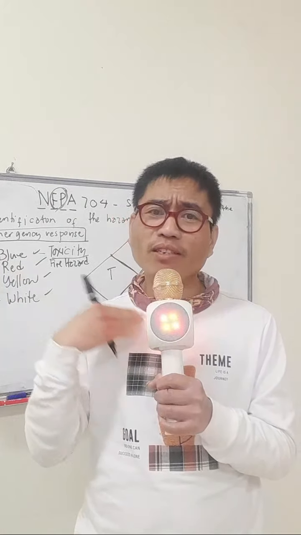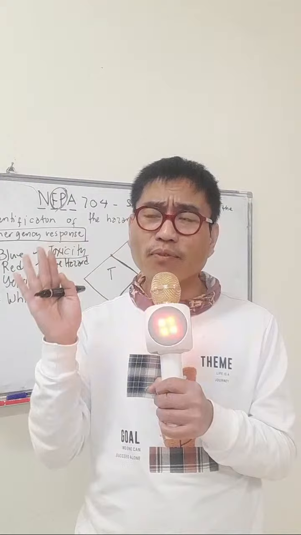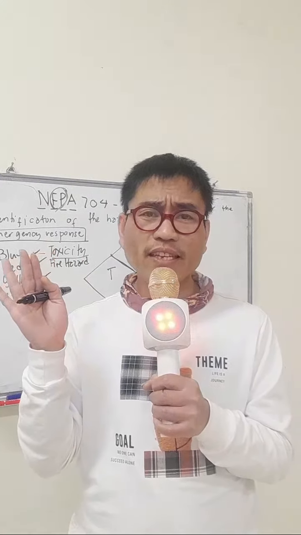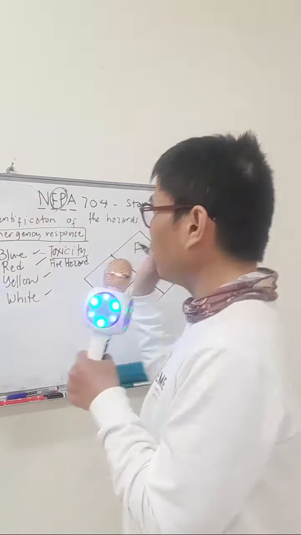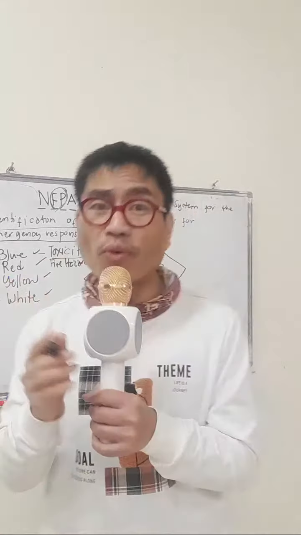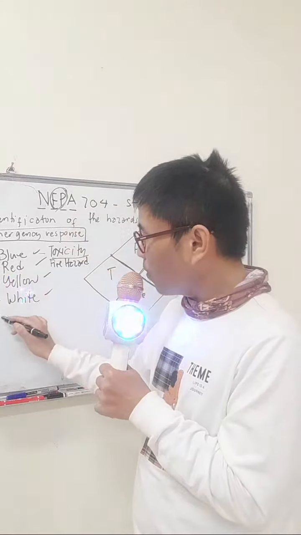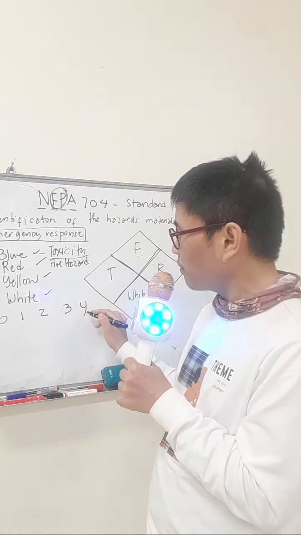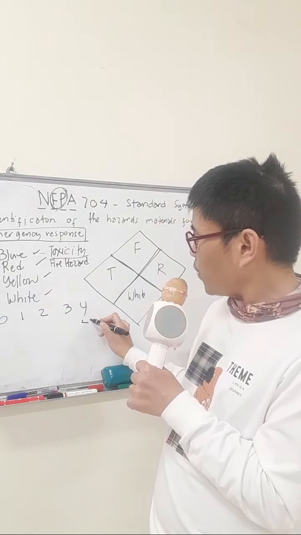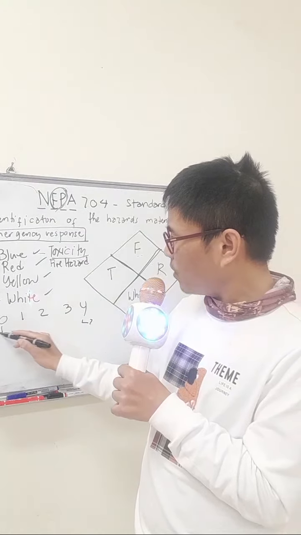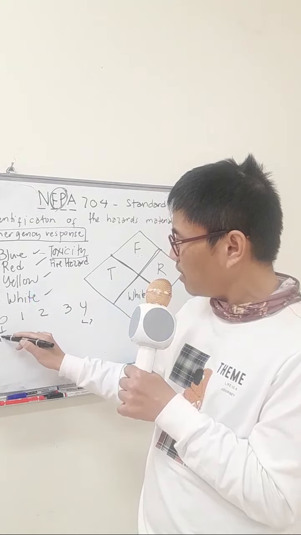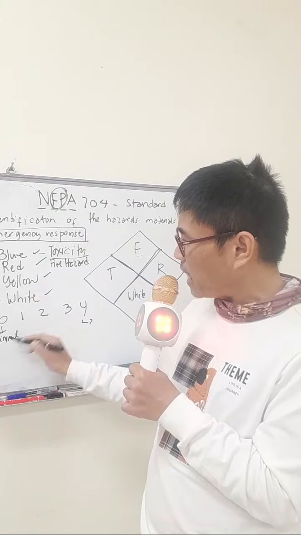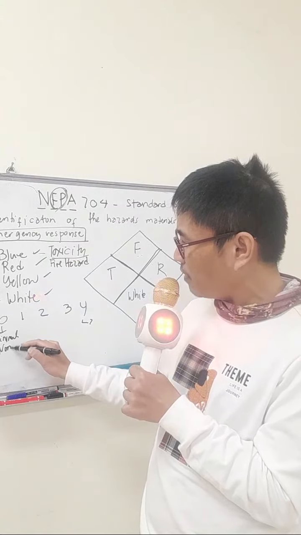But for me, I will never put instability, because if you put instability, the hazard numbering of NFPA 704 starts with 0. Okay, 0, 1, 2, 3, 4. Right? 4 is extreme, 0 is minimal, or none. N-O-N, none.